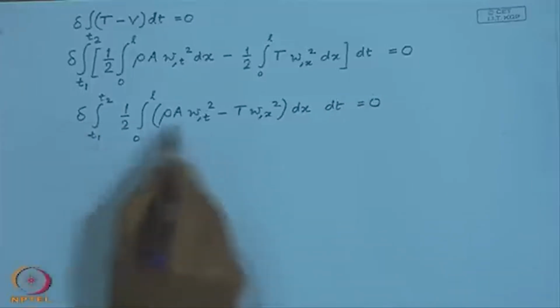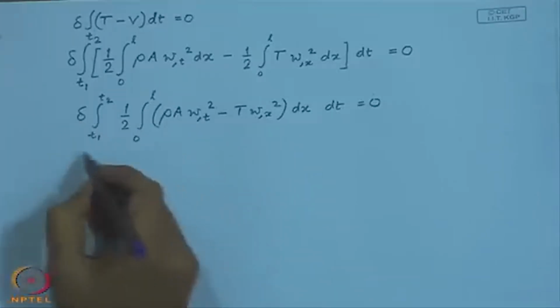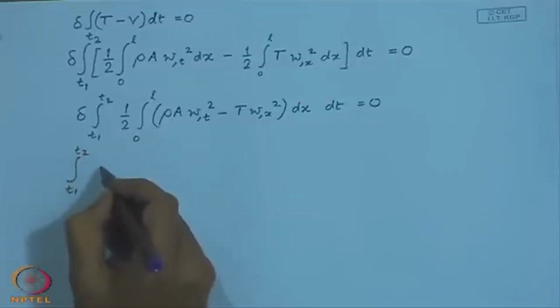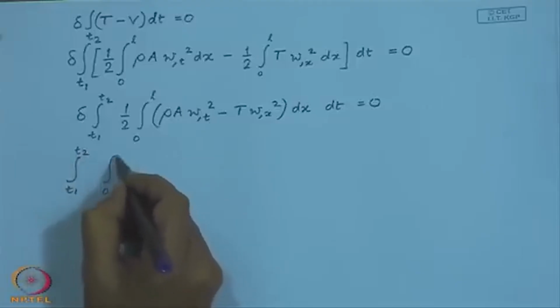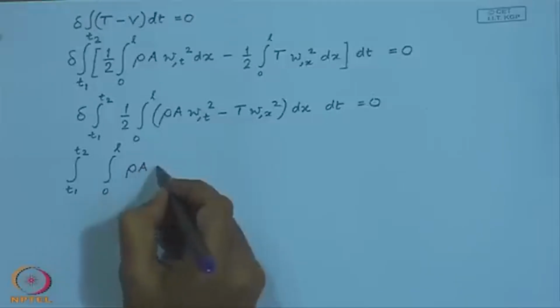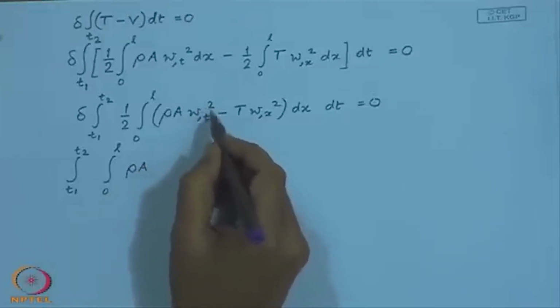Now, I am going to apply this variation operator on the integrand to obtain, so del w del t whole square.